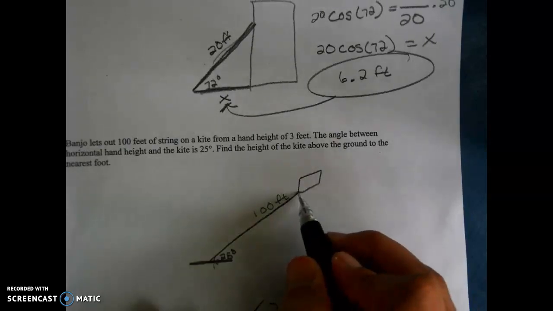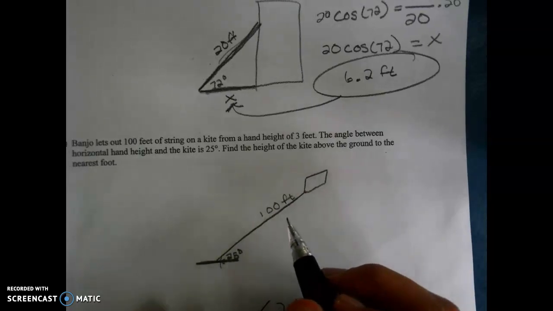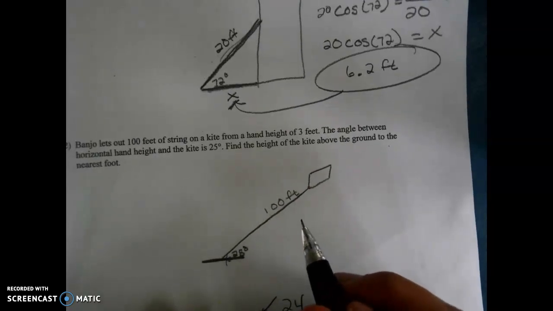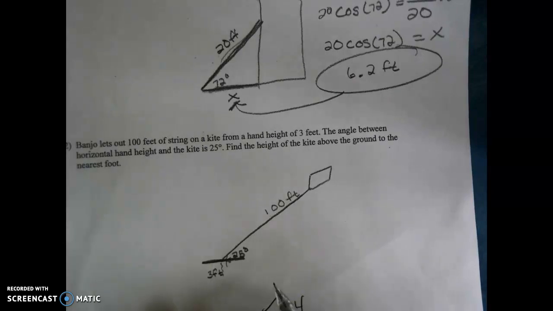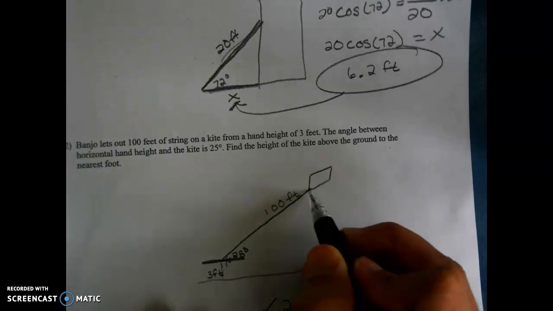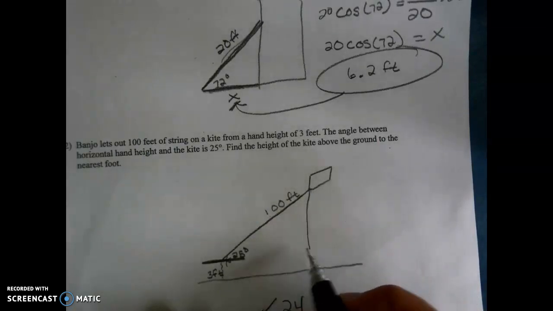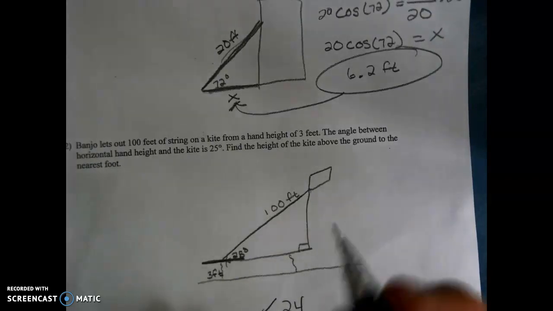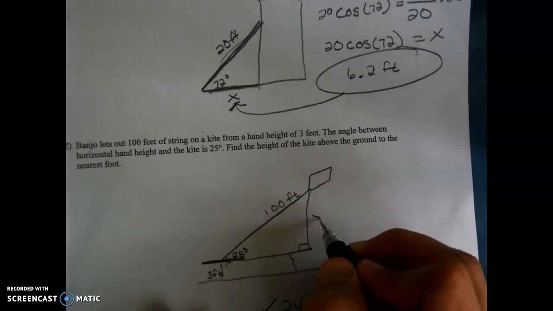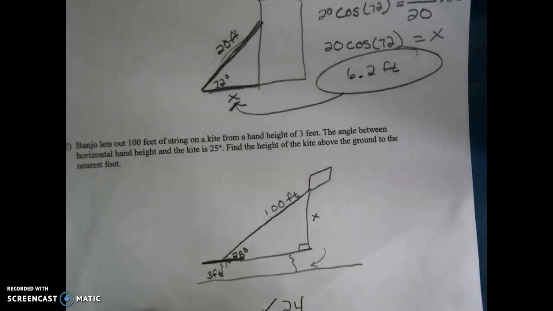Okay, and we want to find the distance the kite is above from the ground. Okay. Well, this is 3 feet high right here, his hand height. Okay, so here's our ground. So from here, we're going to use this triangle and then add 3 feet to find the distance. Okay, so let's find this first, and then we'll just add that 3 feet.